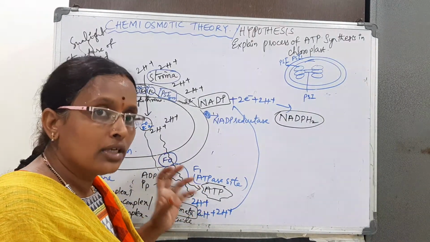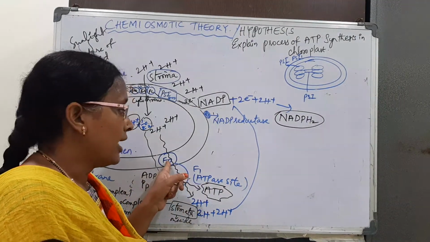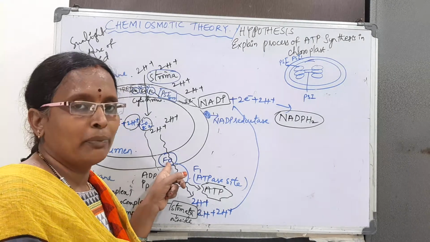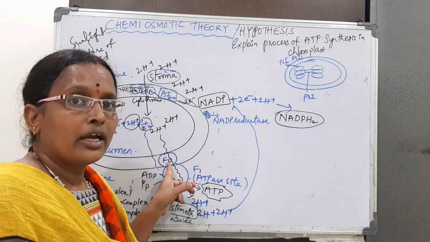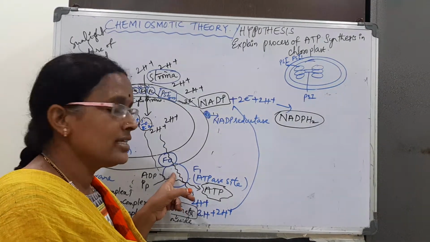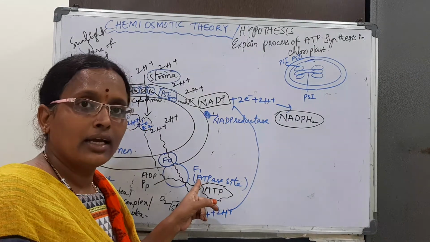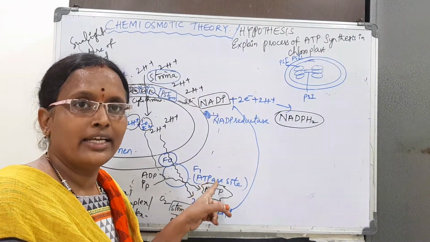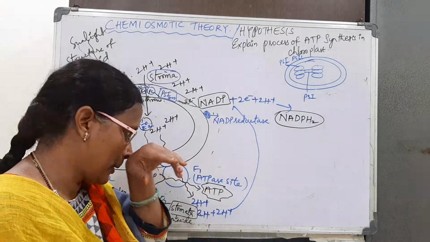That protein channel consists of two parts. One is the embedded or integrated part, present inside the membrane, the F0 protein, and the second is the F1 particle. This F1 particle acts as the ATPase, so the ATP enzyme is present.